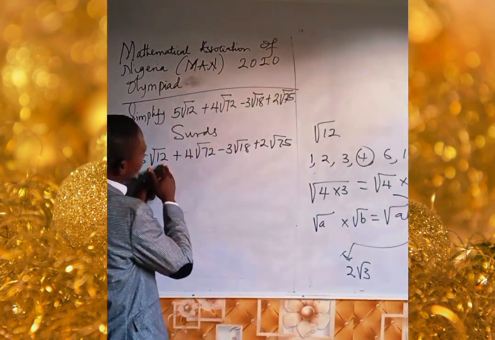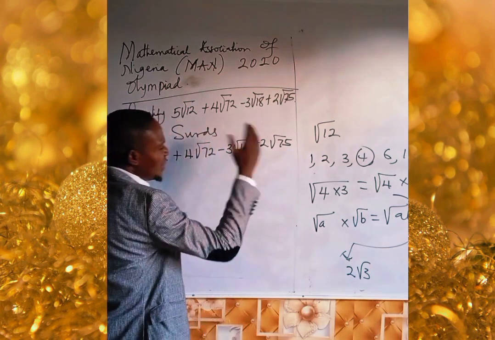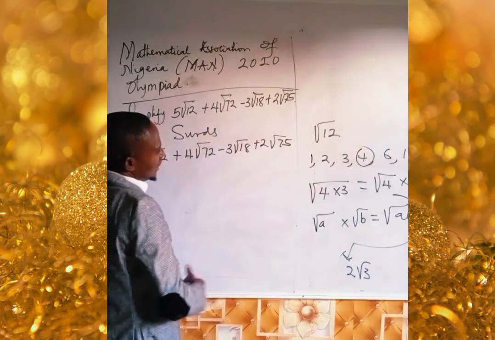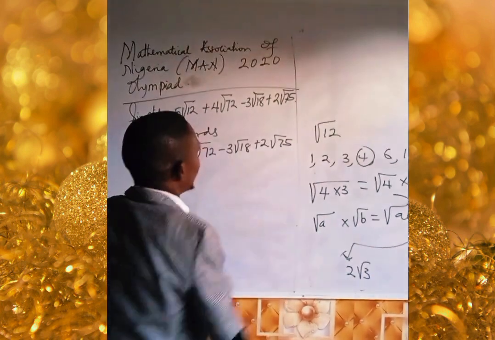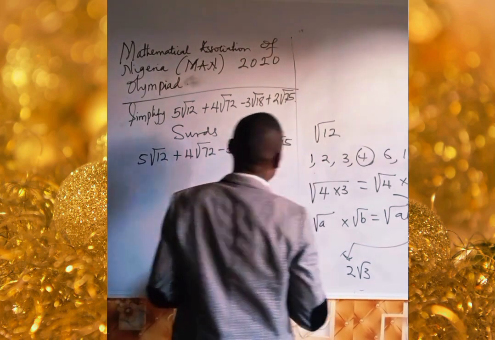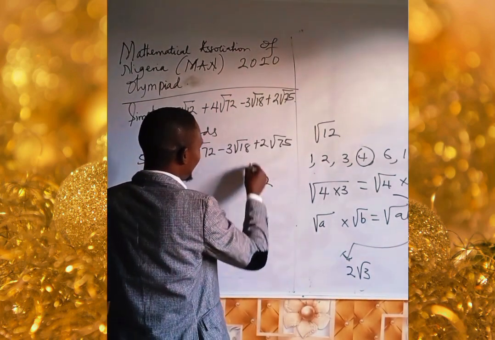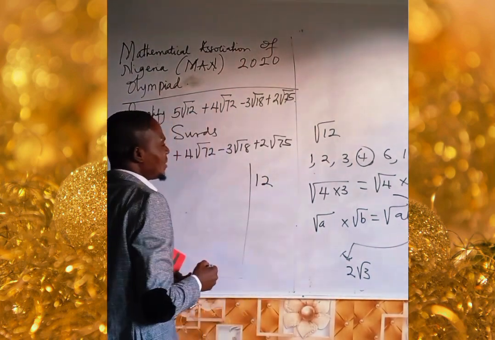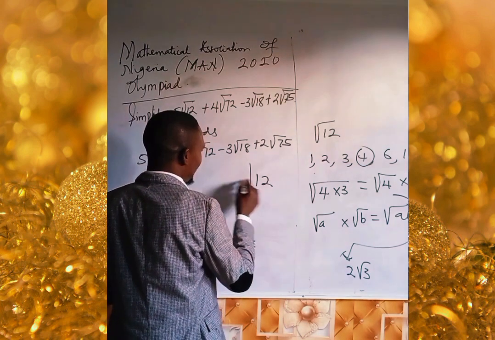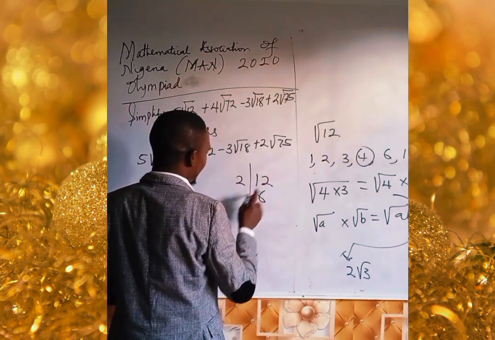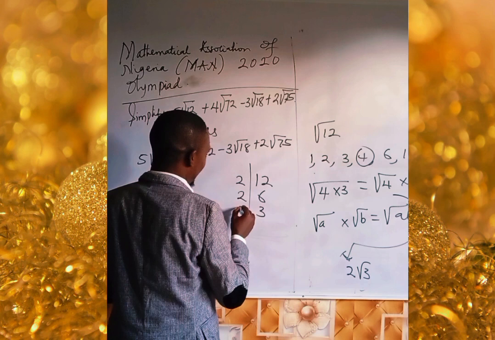So we can simplify each of these in this form. There is another way we can simplify this. This is 12. This method is a kindergarten method of doing this. What can go here? 2. 2 times 6 is 12. 2 can go into 6, 3 times.